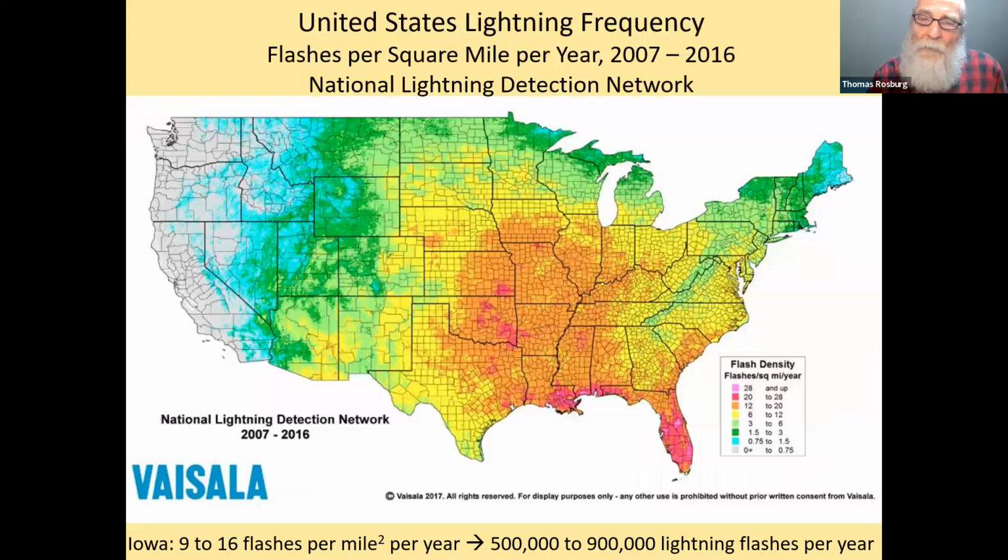This map is probably a little bit more accurate in terms of lightning that starts fires. This is a different type of detection network that's out there, the National Lightning Detection Network. This is considered to be a more accurate set of data, especially if you're talking about lightning strikes that start fires.